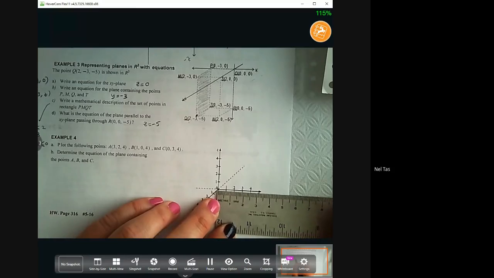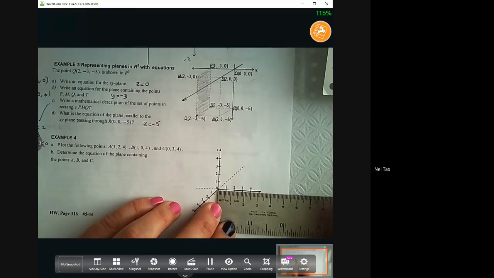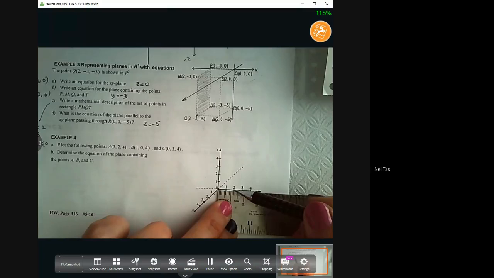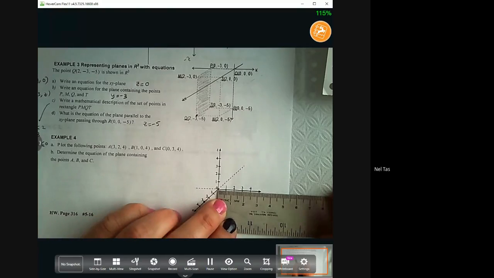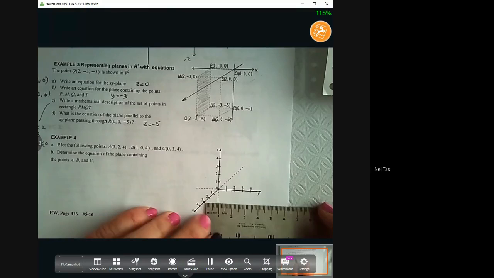To be able to draw a precise box, I'm going to measure from the origin to 2 units on the y-axis. For me, it is 1.2 centimeters. So I'll go 1.2 centimeters from 3.